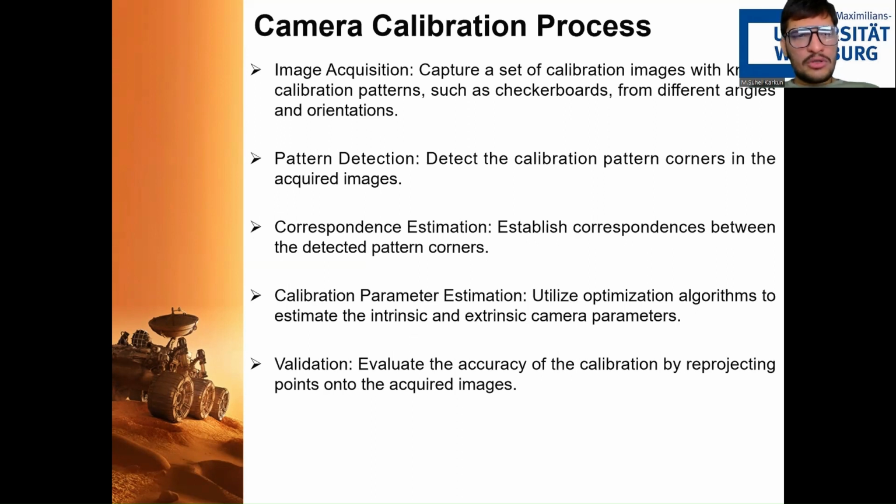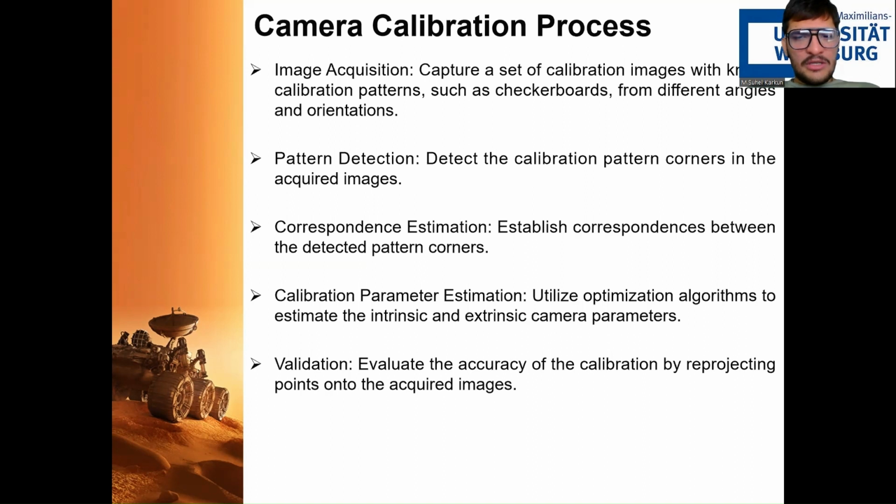So the checkerboards or any frame point is required for this acquisition. Then pattern detection. It detects the calibration pattern corners in the acquired images to make a particular frame for the detection. Correspondence estimation. It establishes the correspondence between the detected pattern corners.